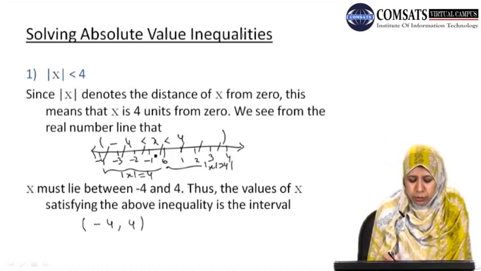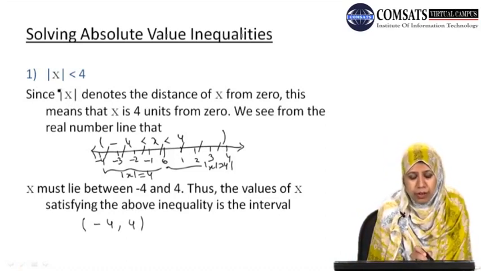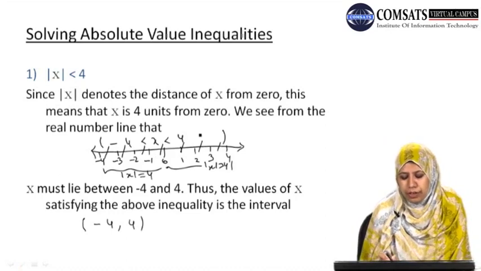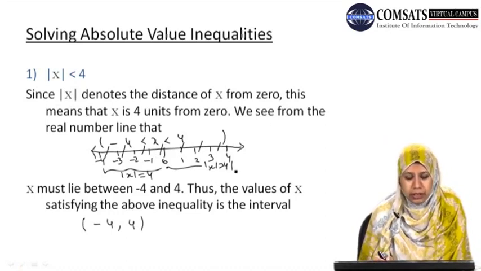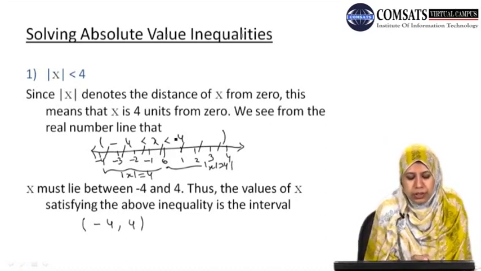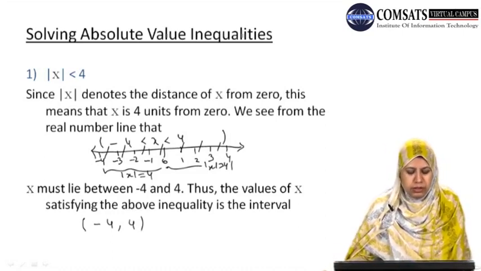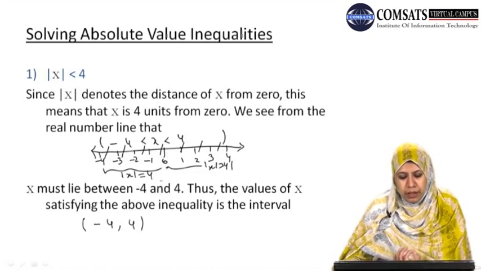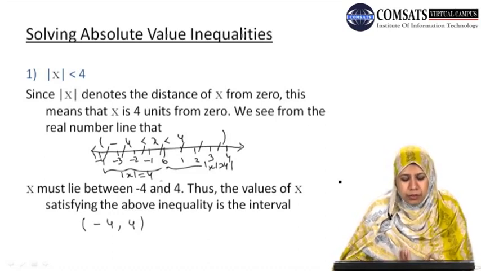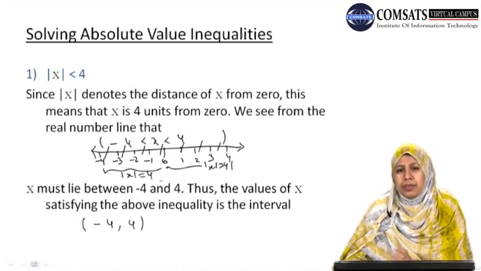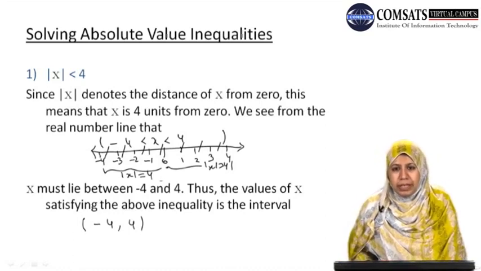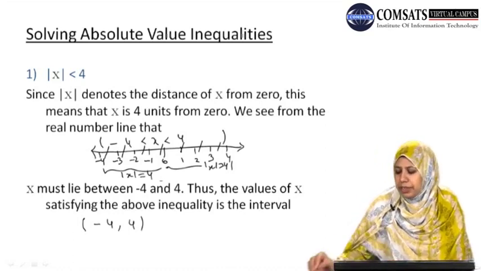Clearly, if x is equal to 1, then mod of 1 is less than 4. If x is equal to, let's say, 3.99, then the distance of 3.99 is always less than 4. So the first thing we have observed from this example is that whenever we solve absolute value inequalities, we obtain an interval as a solution set.